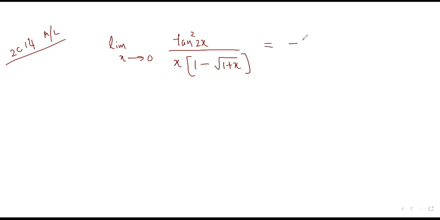You have to prove that it's equal to minus 8. Limit x is going to 0, tan squared 2x over x into 1 minus square root of 1 plus x. Right. Do it.